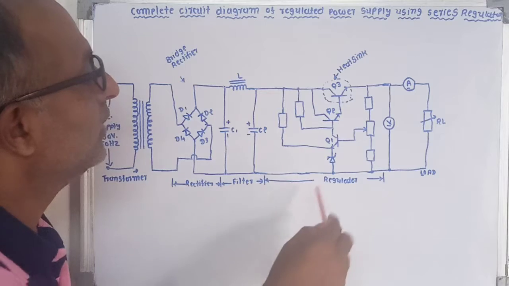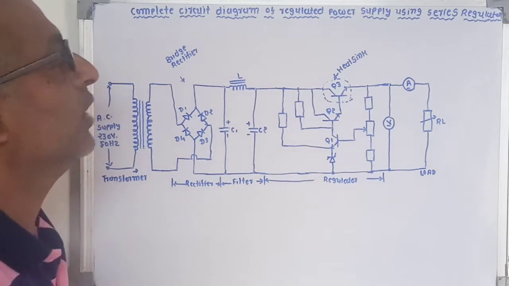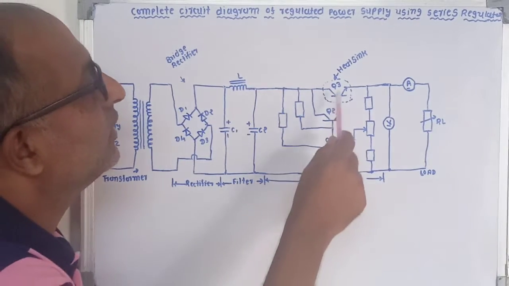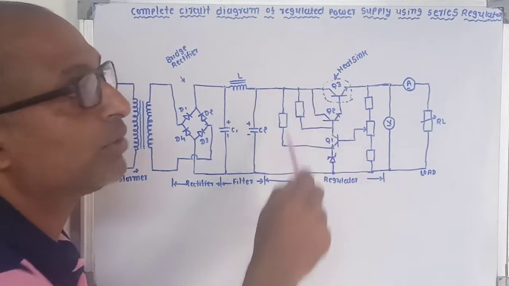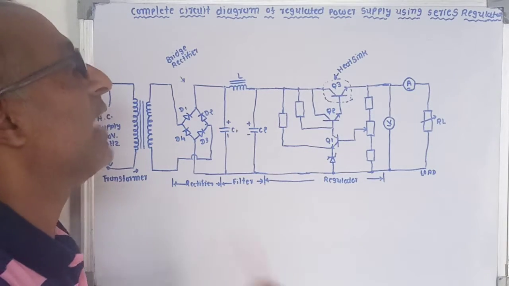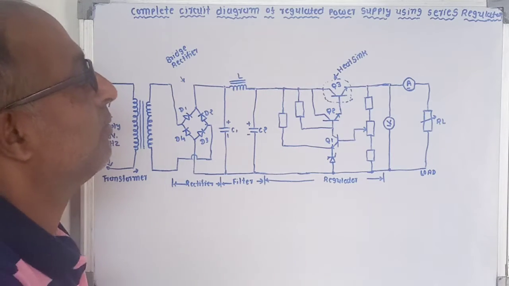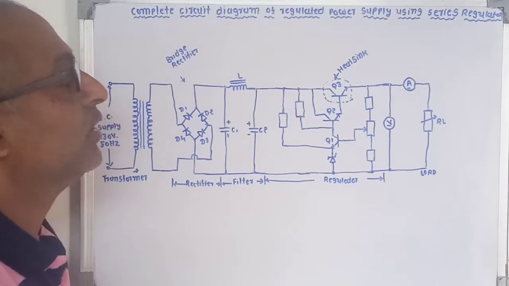Then we are using a series voltage regulator. Now this consists of mainly 3 transistors. Transistors Q2 and Q3 form a Darlington pair, which increases the current capacity of the supply. The transistor Q1 is used as a comparator.